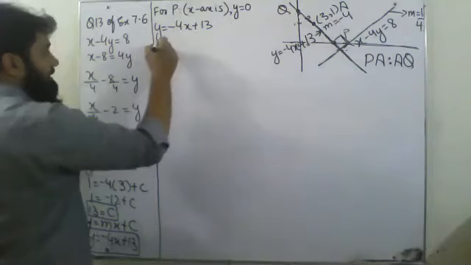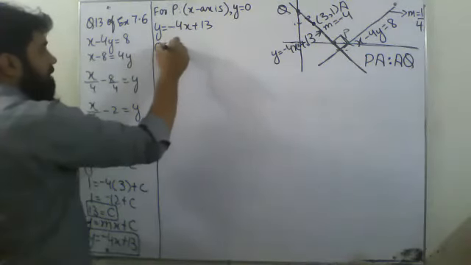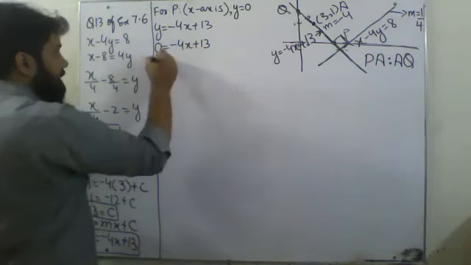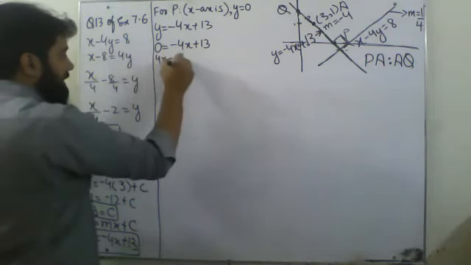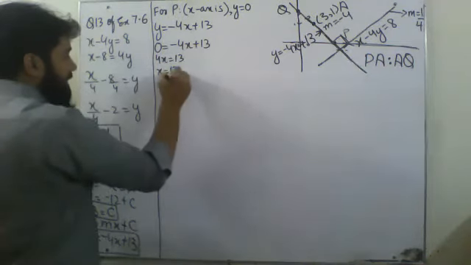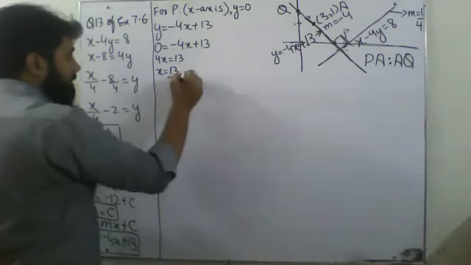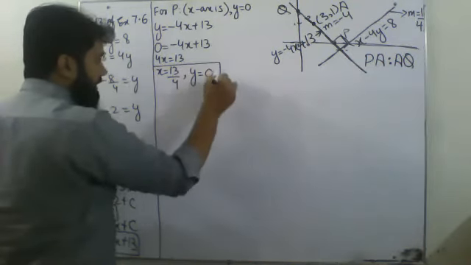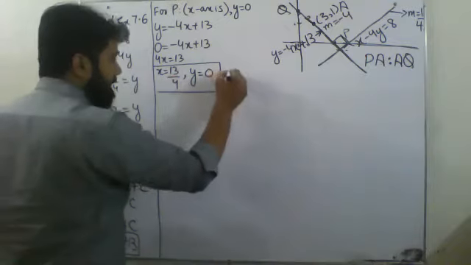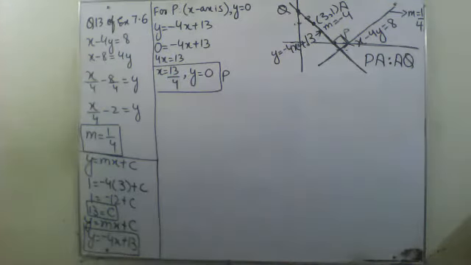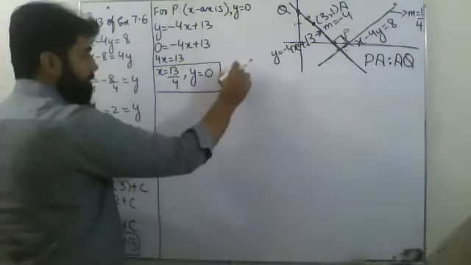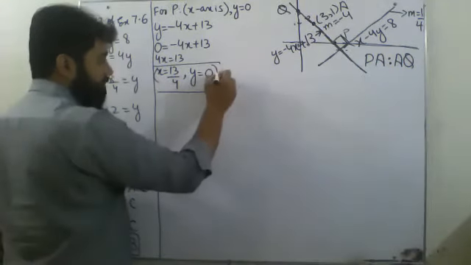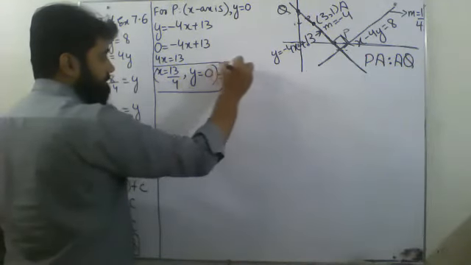When it crosses the x-axis, y will be taken as 0, so 0 equals minus 4x plus 13. So 4x equals 13 and x equals 13 over 4 and y equals 0. This is the coordinate of P which I have got over here.